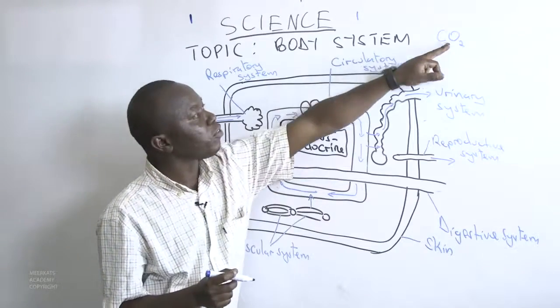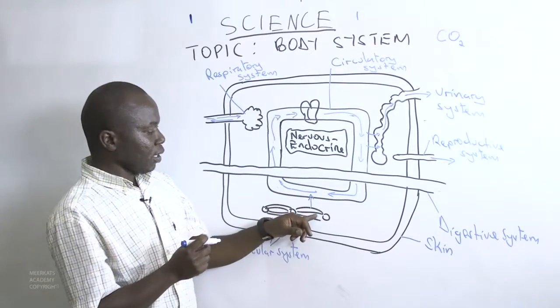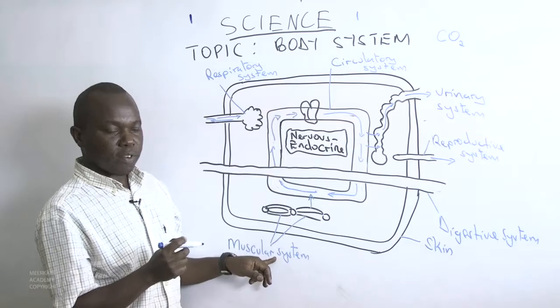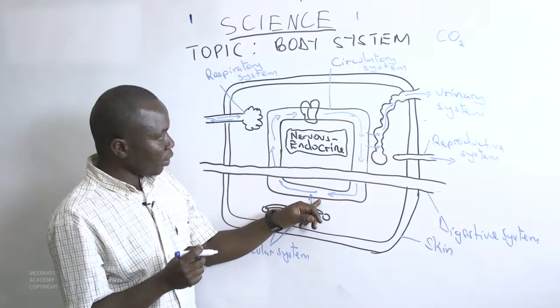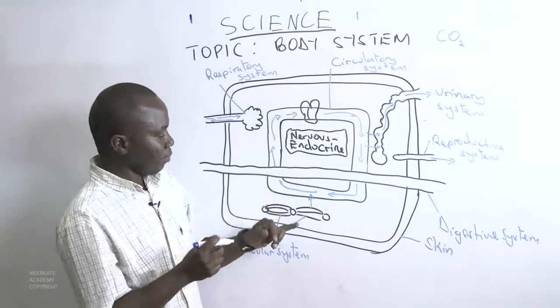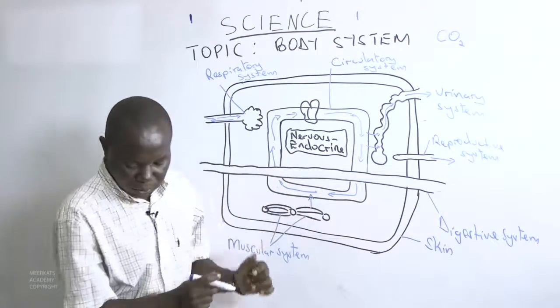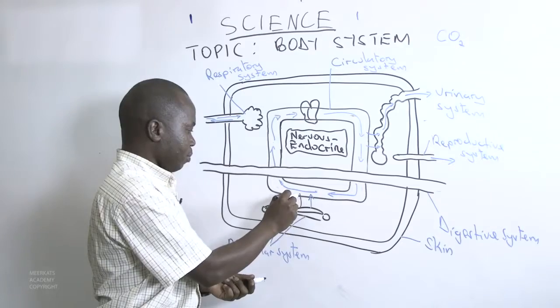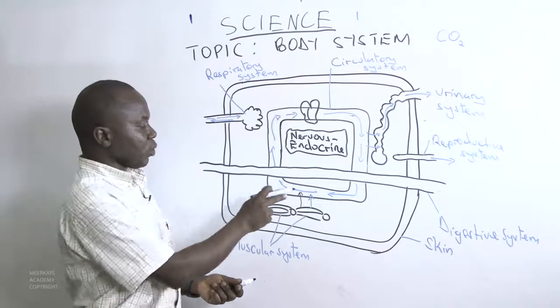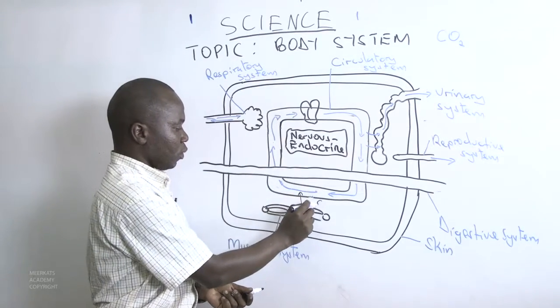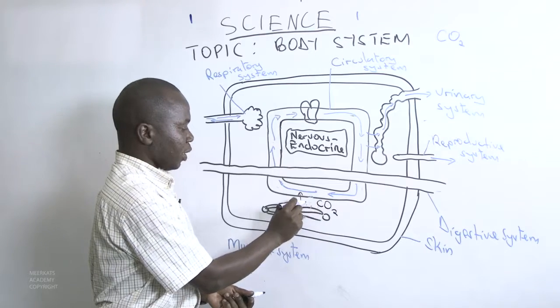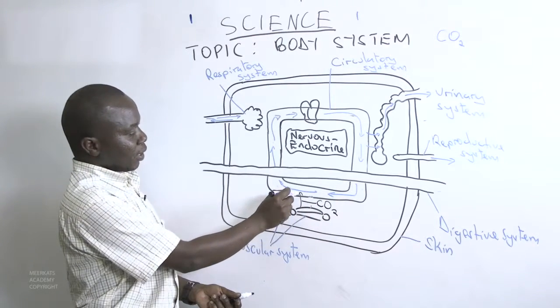It will produce carbon dioxide. That carbon dioxide will diffuse from muscular cells to the circulatory system. Let me use black. So we have CO2, carbon dioxide, diffusing from the muscular system.